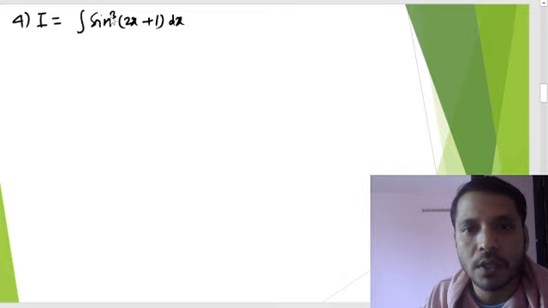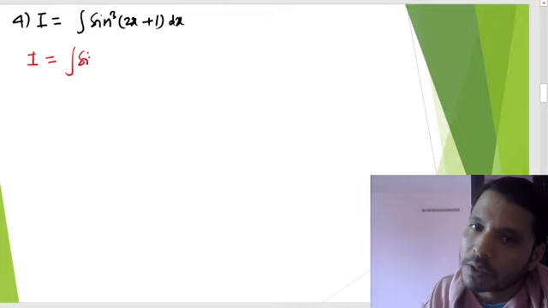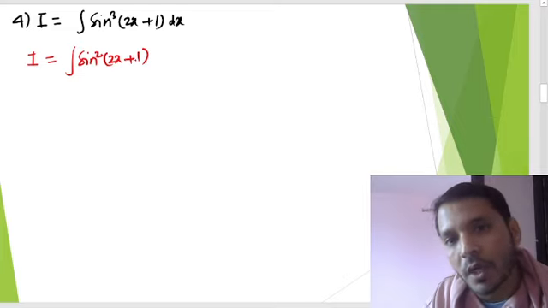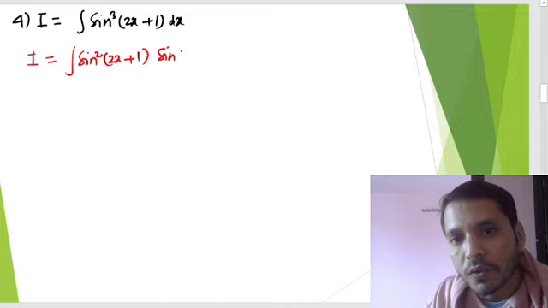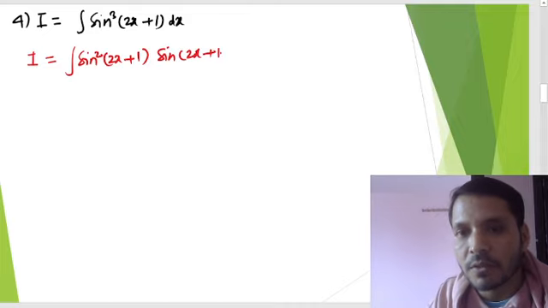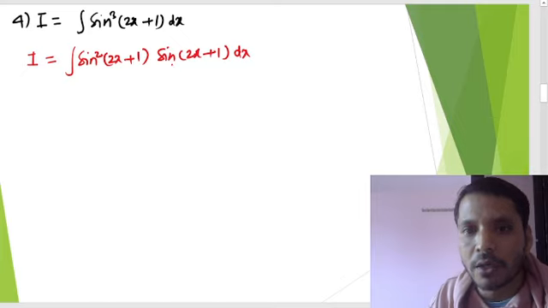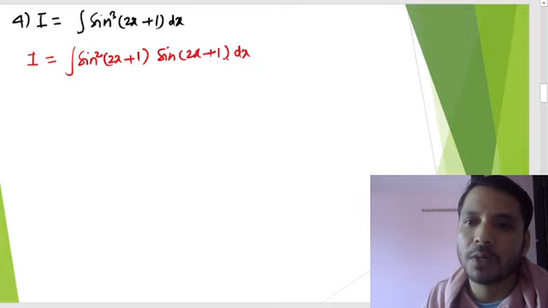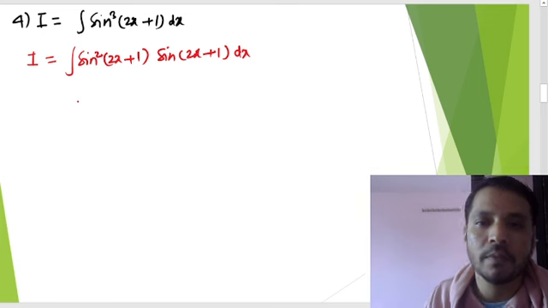Means just once again here we can write I as I is equal to integral sine square, and the angle as it is, 2x plus 1, into sine 2x plus 1. The same thing we can rewrite as the product of sine square 2x plus 1 into sine 2x plus 1. So if you multiply again, power will become 3.